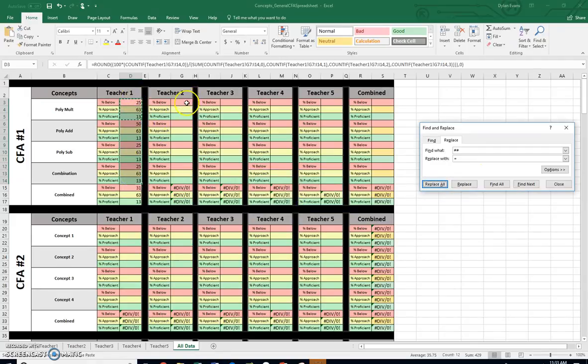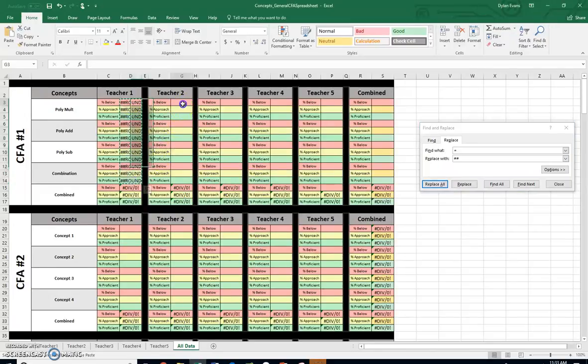So now I want to copy and paste these to teacher 2, teacher 3, teacher 4, teacher 5, but again, I don't want Excel to edit that part. So now I'm going to replace all of my equal signs again with pound symbols. That was just to check to make sure they work. And then I'm going to copy and paste this information to teacher 2, 3, 4, and 5.